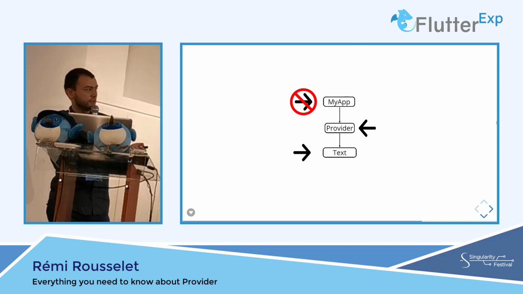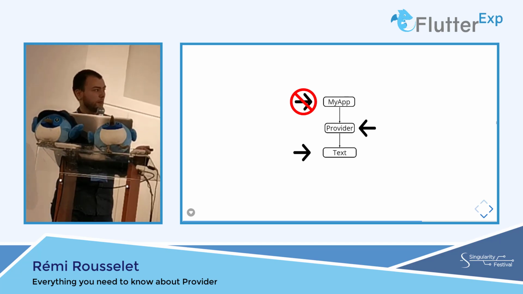Which means that if we see our widget tree, our provider is here, but only text is able to access the provider. But we used the context of my app to try to obtain the provider.